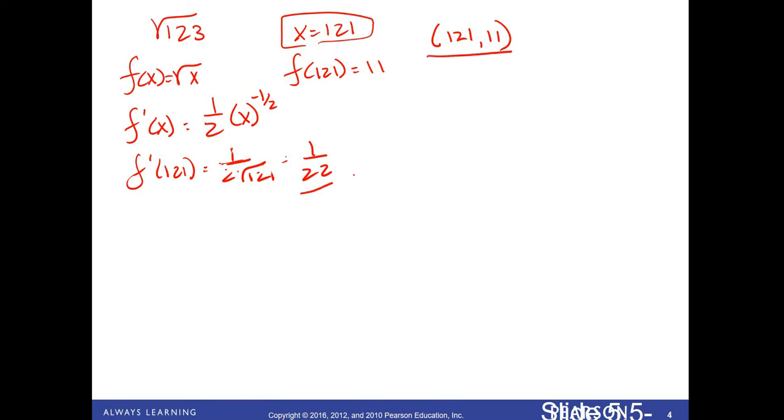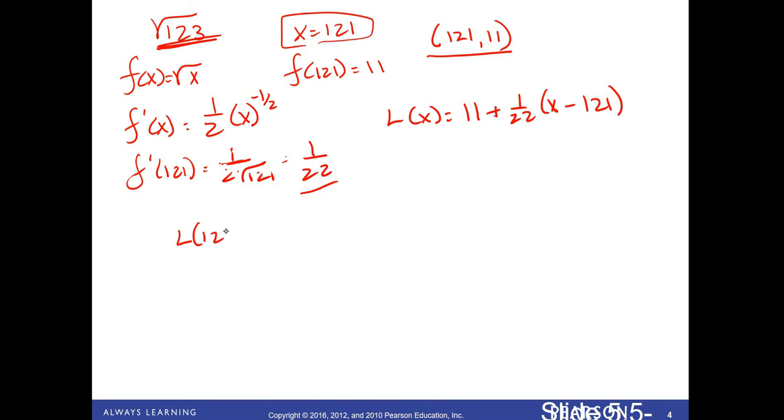So using this ordered pair and this slope, remember I'm evaluating everything at 121 right now, my point of tangency, I would have L of x equals my y value plus my slope times x minus my 121. Alright, so now I'm back to finding it at 123.